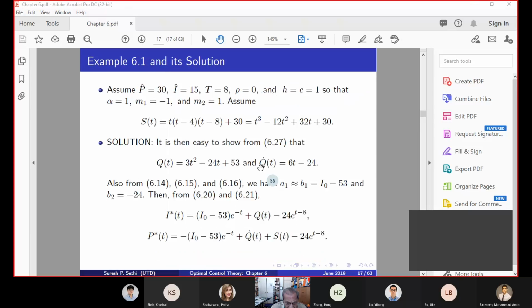If I had I0 equal to 53, then this becomes 0. So I_t becomes Q_t minus that, and at capital T, it becomes Q of T minus 24. It turns out that if I begin with 53, then Q of T, capital T, in 8 periods will again be 53.